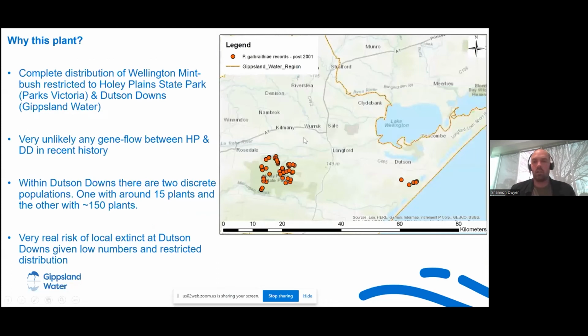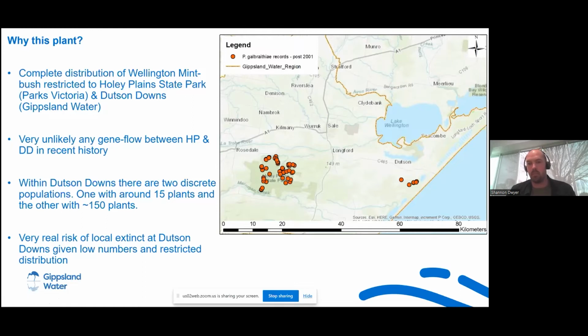So why this plant? Well, as I alluded to before, it's very limited in its distribution. This is the entire distribution of the plant within the world, which is just Holey Plains State Park and Dutton Downs over here to the right. Because of the distance of these populations, they're around 40 kilometres apart, there's very unlikely to be any gene flow between the two.